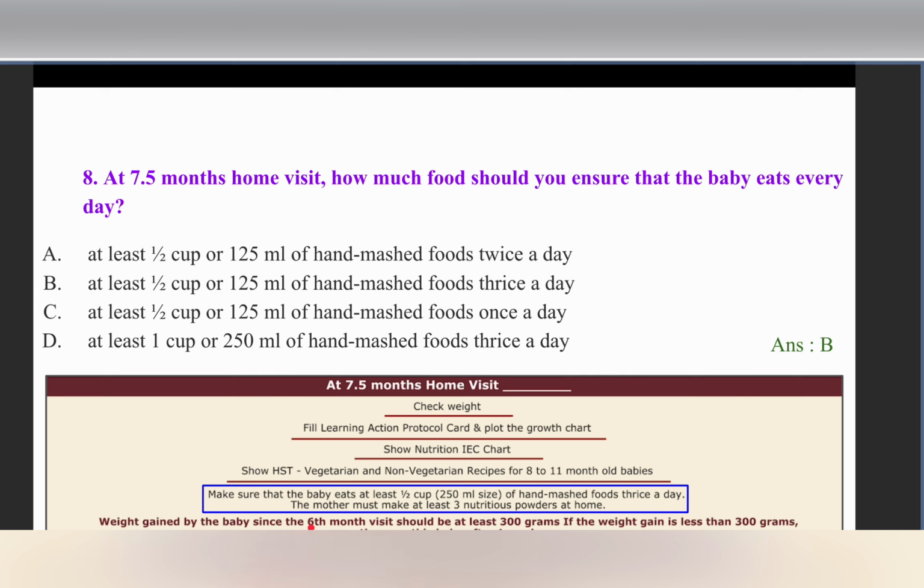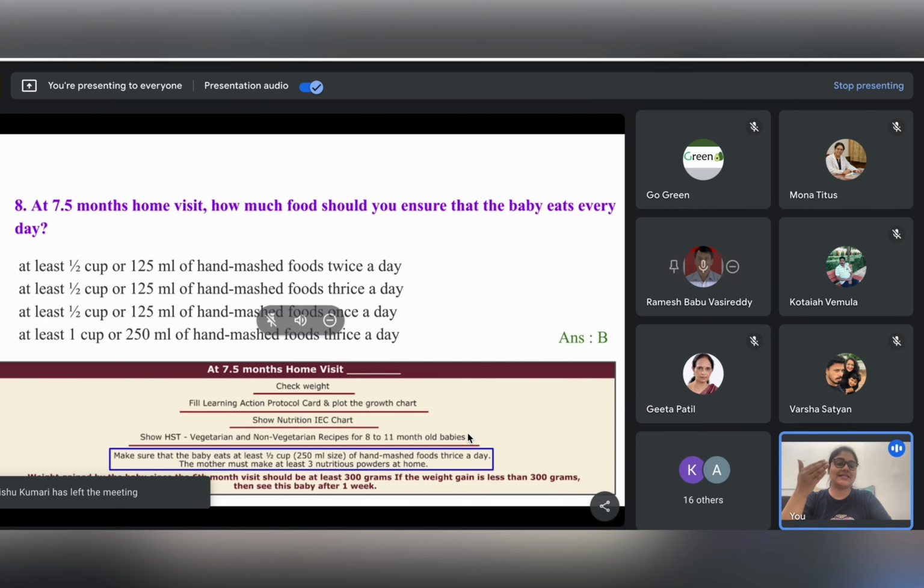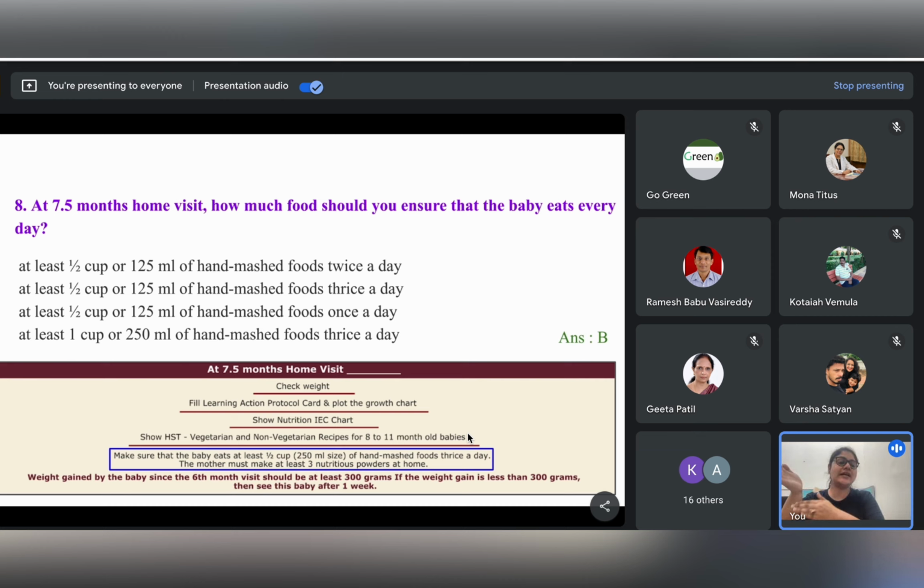From the 6th month to the 7.5 months home visit, the ideal weight gain should be around 300 grams. If you go through all these specific charts one by one, it is very easy to remember the gradient in weight gain, from which age to which age, what is the expected weight gain, what is the specific amount of food the child is supposed to have, the consistency of the food, and also the frequency.